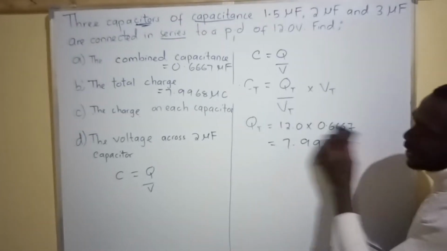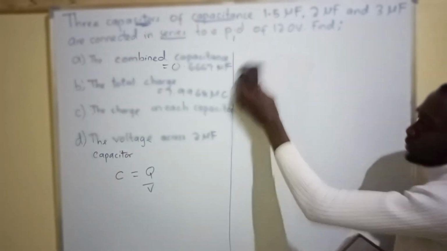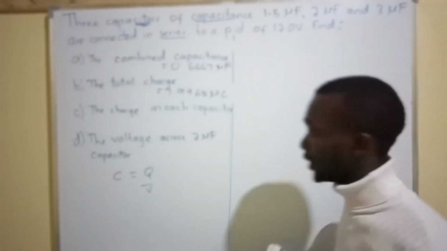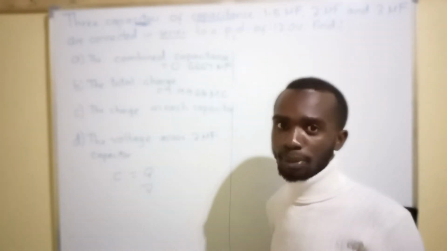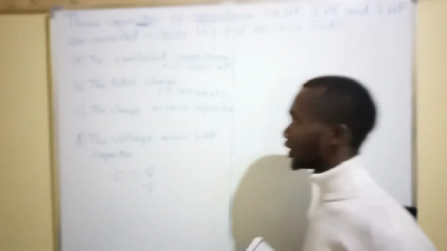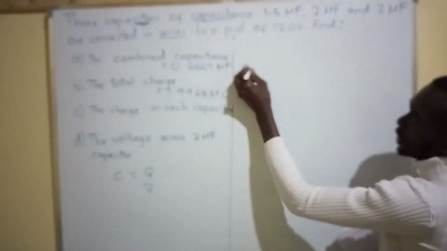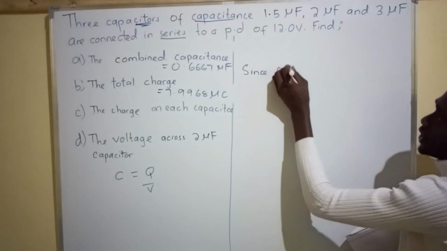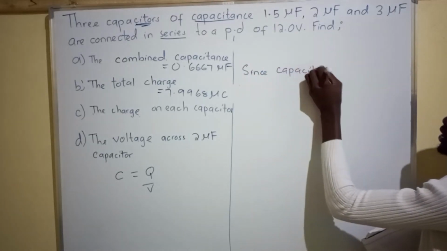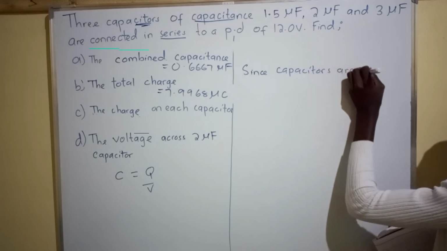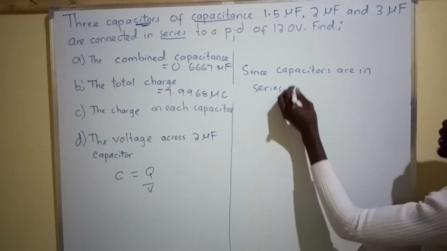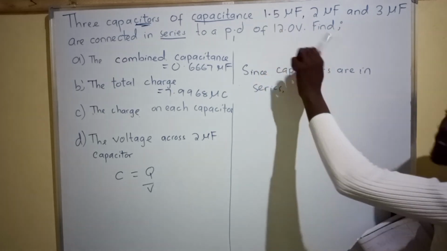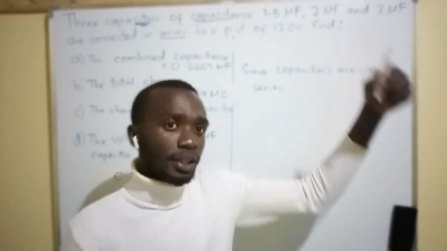Next, the charge on each capacitor. Since the capacitors are connected in series, each capacitor will have an equal charge. So the charge across 1.5 is the same as the charge across 2.0, which is the same as the charge across 3.0.